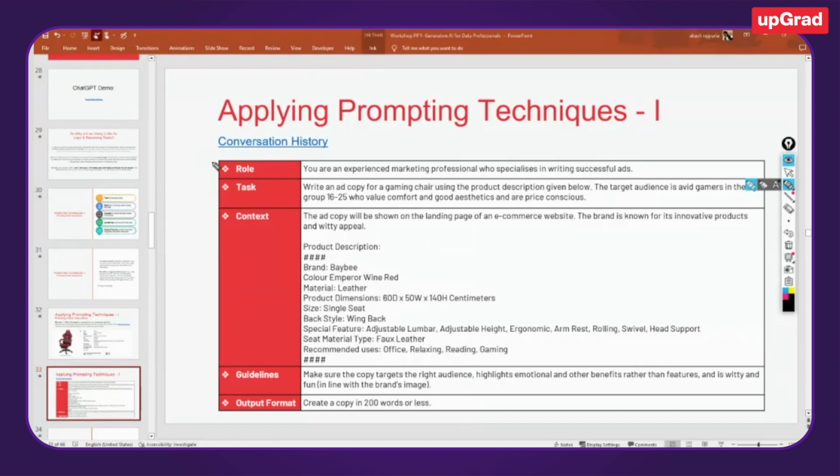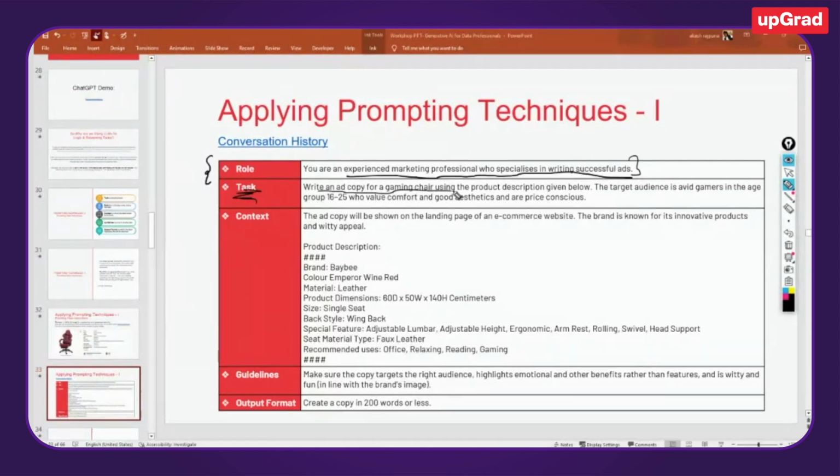So now see, we have defined the role. The role says, you are an experienced marketing professional who specializes in writing successful ads. Now, ChatGPT's domain would be very much focused on writing very good, successful ads. Then you define the task for it.